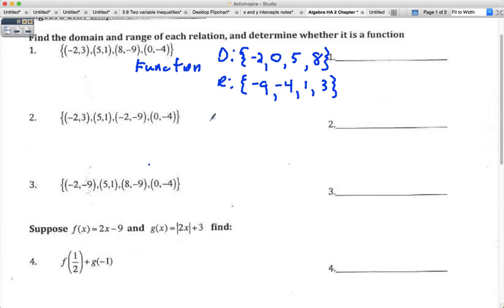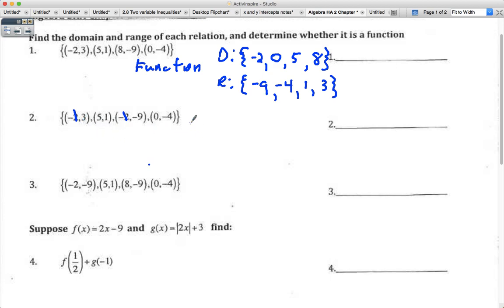For 2 and 3, I'll check to see if these relations are functions. -2, 5, -2. Because -2 is the same domain member, produces two different outputs, so it doesn't pass the vertical line test.